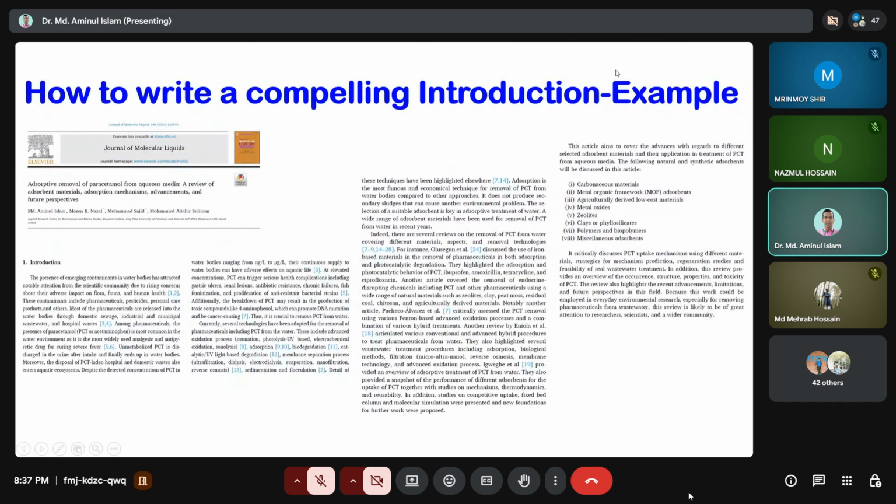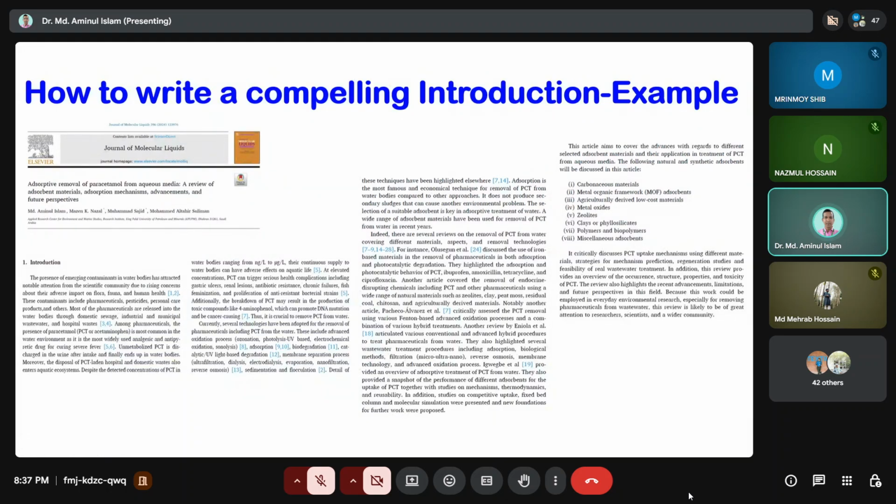For example, I have published a review article in the Journal of Molecular Liquids. So this is the introduction. In the first part, try to write the problem statement. And then in the second paragraph, try to write how the problem was solved.